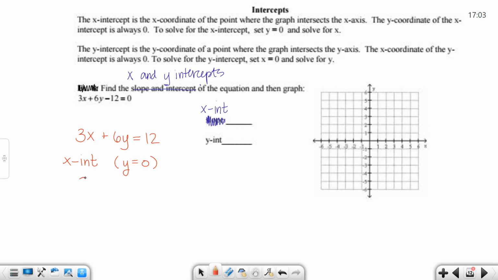So I have 3x plus 6 times 0, because y is 0, and that equals 12. So that's 3x equals 12, because 6 times 0 is 0. I'll divide by 3, and x would equal 4. So my x-intercept is 4. If I wrote that out in proper form, x is 4 and y is 0.